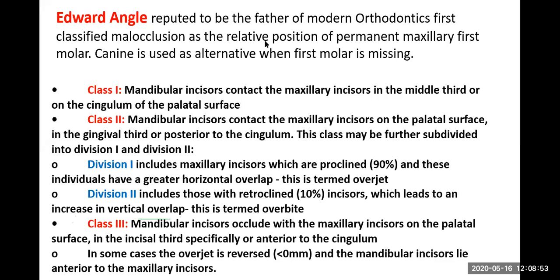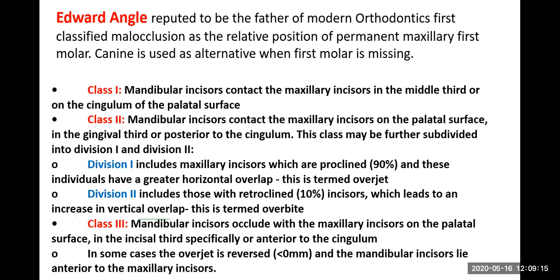Now we talk of Edward Angle's classification of malocclusion. Edward Angle is reputed to be the father of modern orthodontics, and he designed a classification of malocclusion, and he defines it by the relative position of the permanent maxillary first molar.